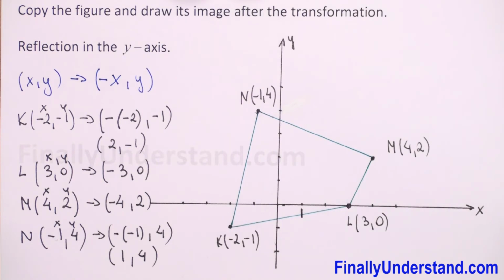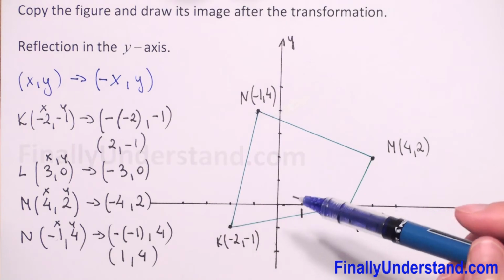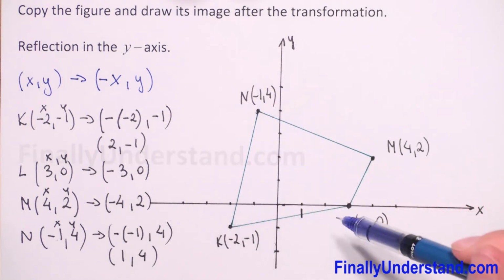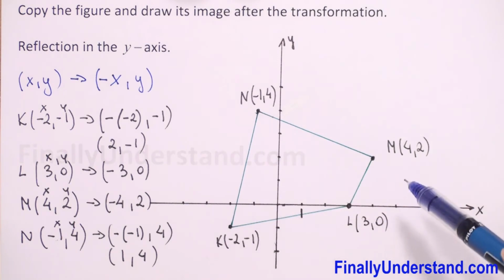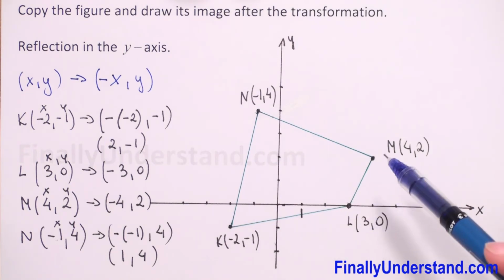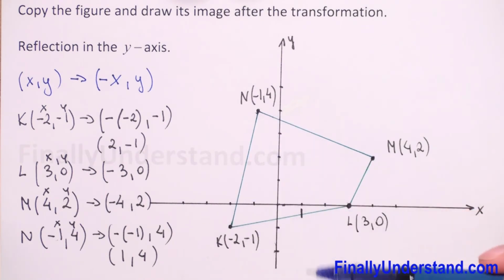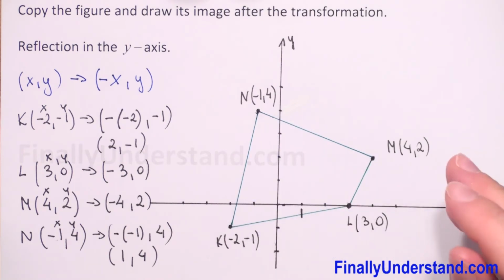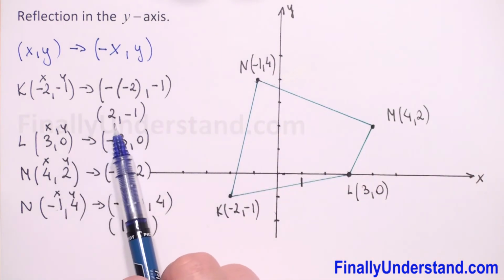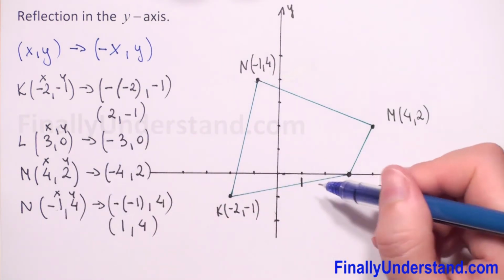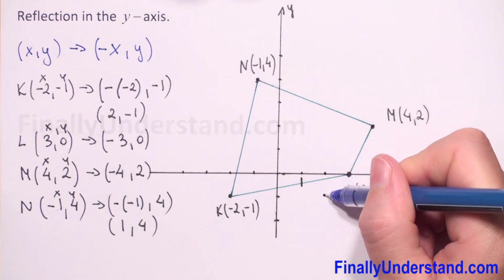So now we have found the reflection of every point of our quadrilateral K, L, M, N. Next we will connect these 4 points, and we will have the reflection of this quadrilateral in the y-axis. Point K is now (2, negative 1), so 1, 2, negative 1, we go down.